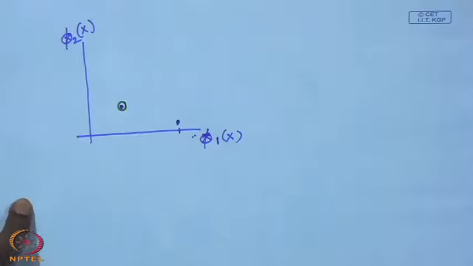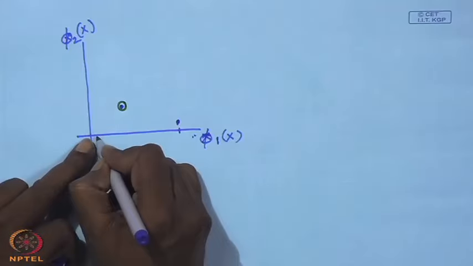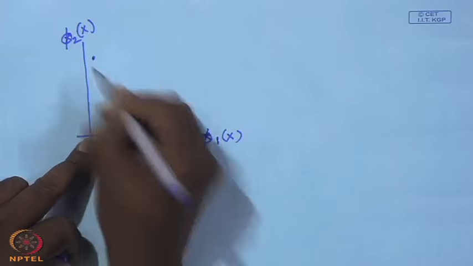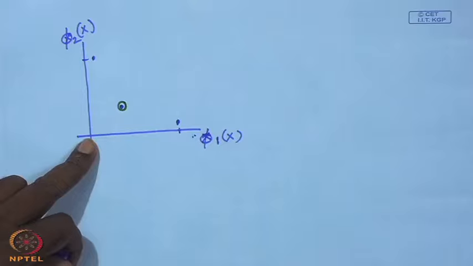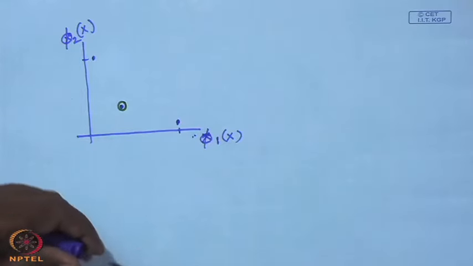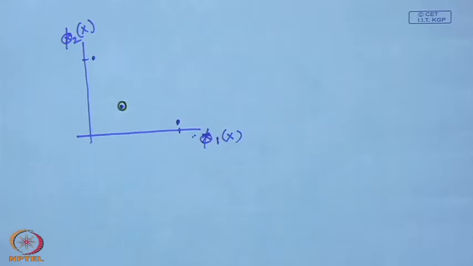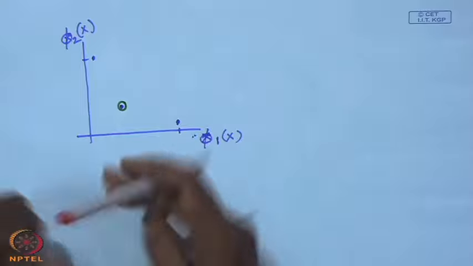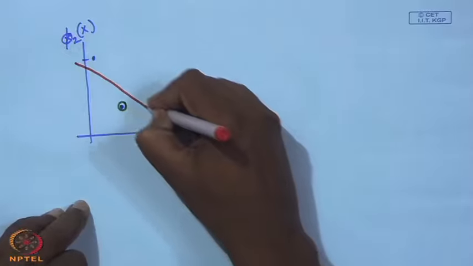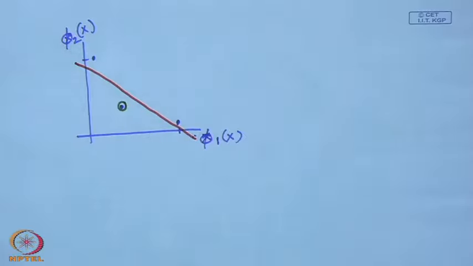So, both the points have now been mapped to the same point in phi 1 phi 2 domain and that has happened because of the nonlinear transformation, whereas 1 1 has been mapped to 0.1 1 somewhere over here. This being the situation, now we find that I can draw a straight line separating these points.